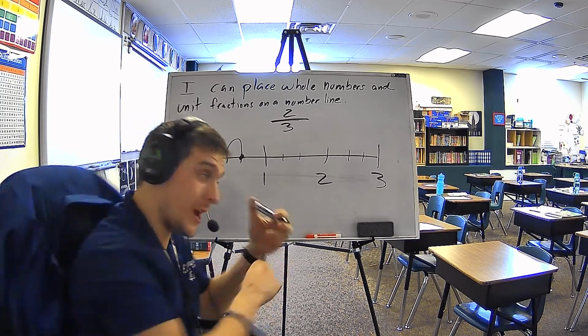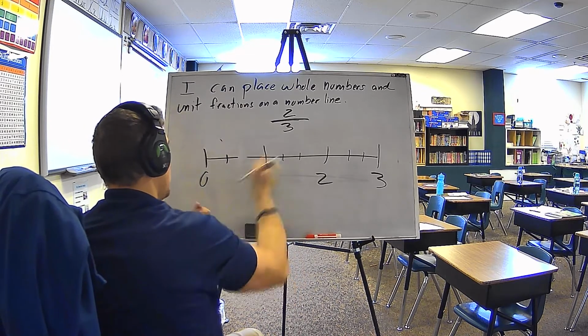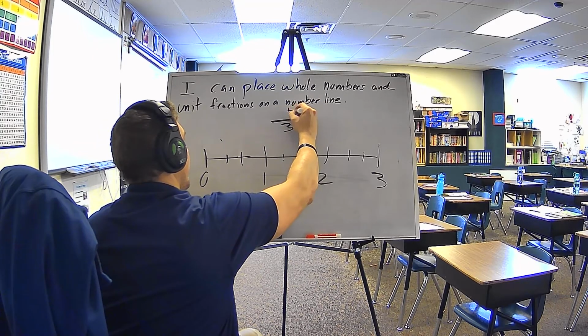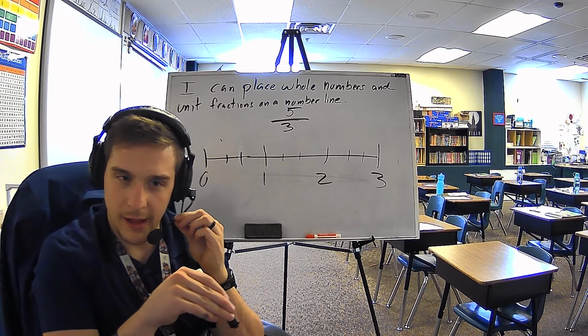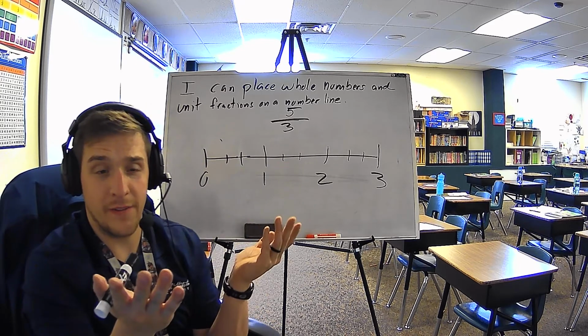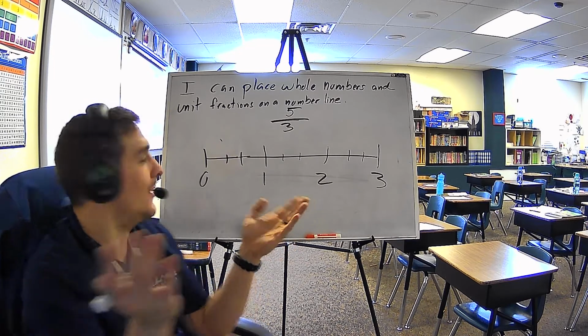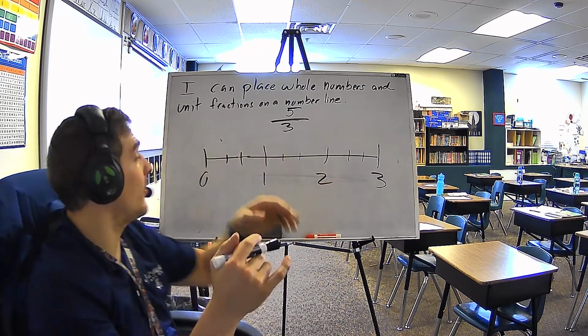Not too shabby. But if I were to have the question that states specifically something like 5/3, we still need to be able to find that. So 5/3, how do we find that? The exact same way we found the other one. Going 1/3, 2/3, and just keep going until we get to 5/3.